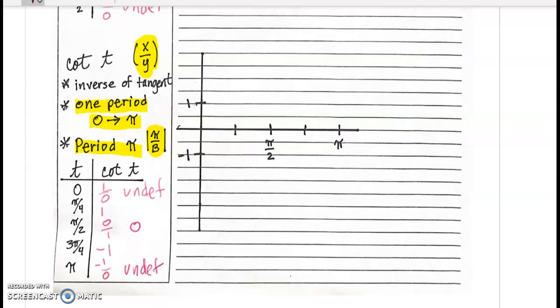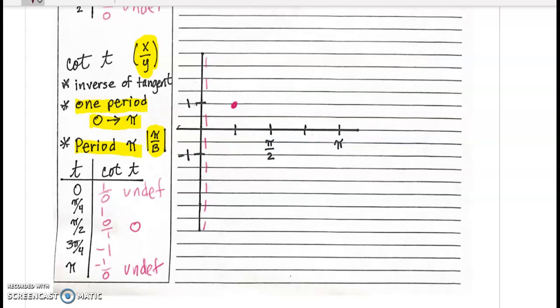Okay, let's plot those puppies. So at 0, I'm undefined. So I'm just going to put my asymptote a little off, but please realize that it really is on that line. I just want us to be able to see it. At pi over 4, I'm at 1.